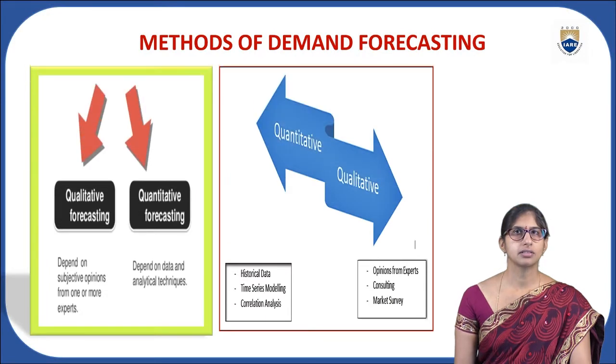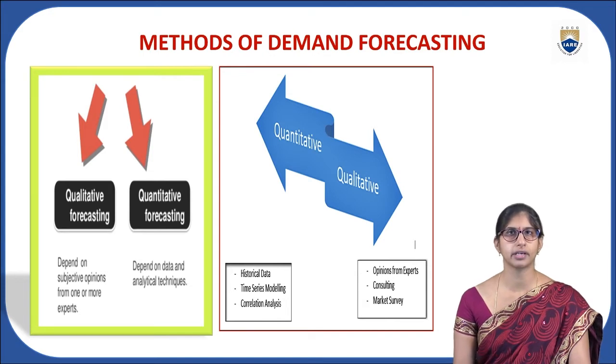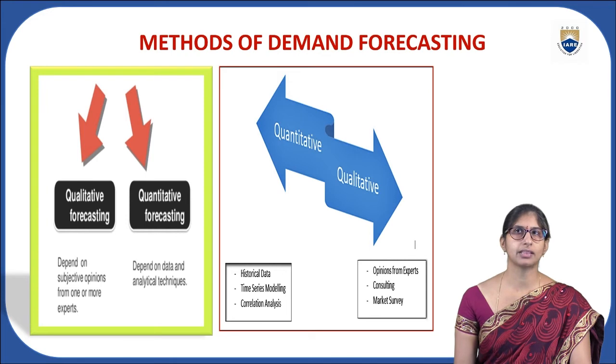As we discussed, we have two types of methods, qualitative and quantitative forecasting methods. Quantitative methods are the techniques which can be done through statistical methods.